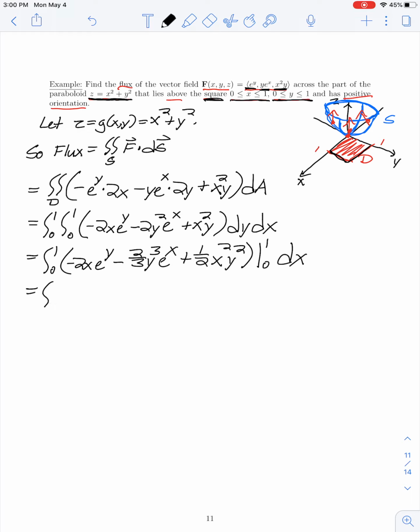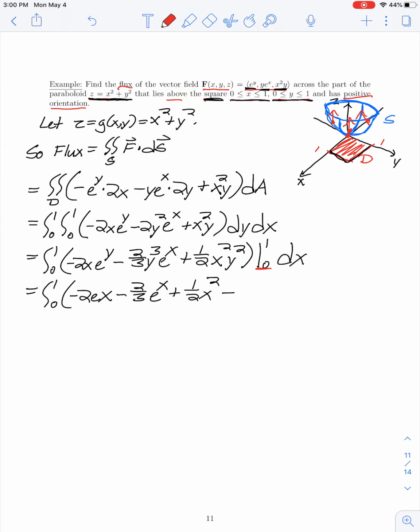So let's see what we get. We've got the integral from 0 to 1 of, when we evaluate at y equals 1, negative 2x times e, or I'll write it as negative 2e times x, minus 2/3 e to the x plus 1/2 x squared.